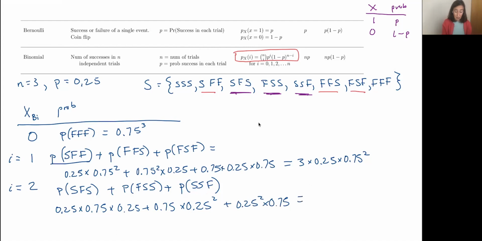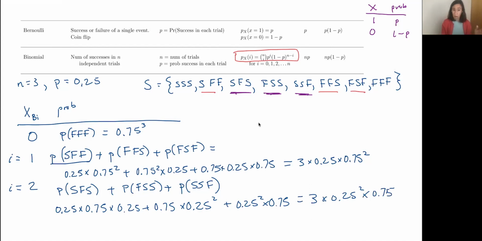Same story here: we have essentially the same number in all 3 places, just with the factors written in a different order. So consolidating that, it's 3 times 0.25 squared times 0.75.